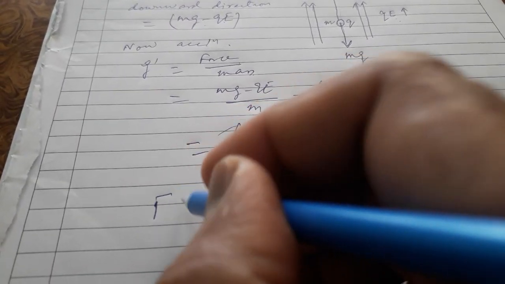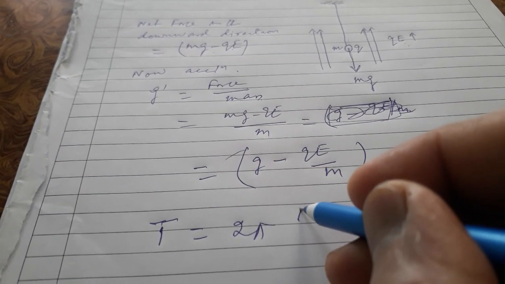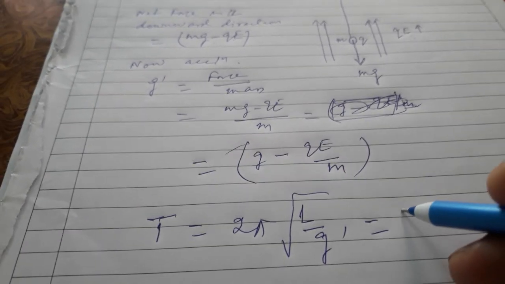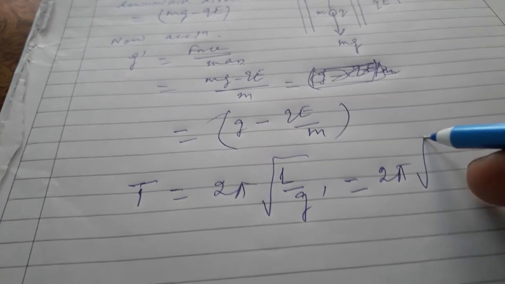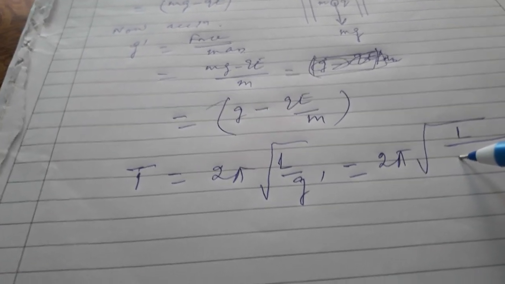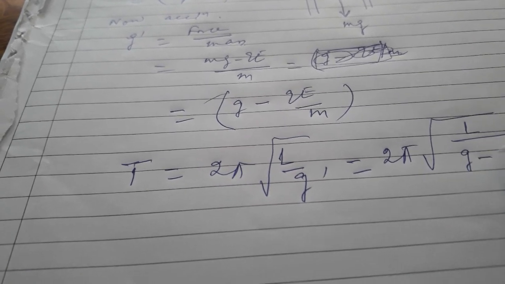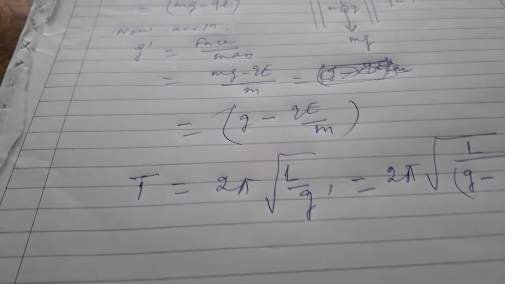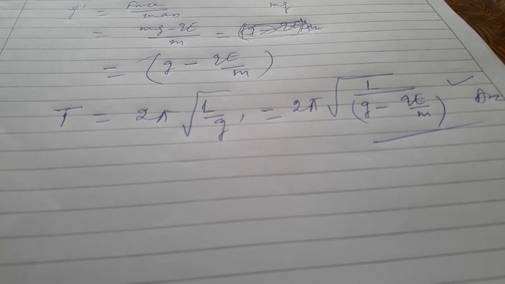Now the time period T equal to 2 pi root L by g dash, which is 2 pi root under L by g minus QE by m. This is your answer. This is the time period of oscillation of the pendulum. See once again.